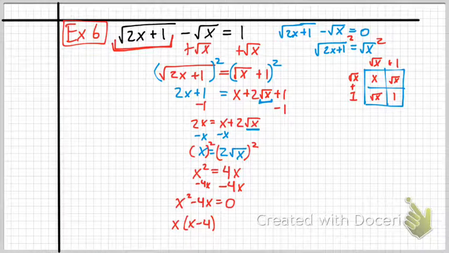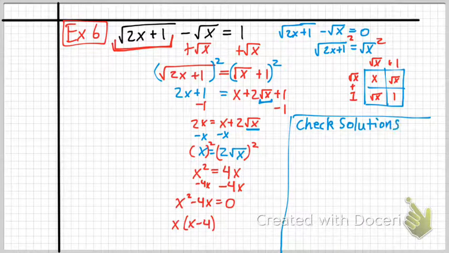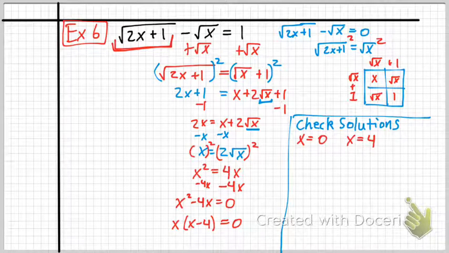So our two possible solutions are x equals 0 and x is equal to positive 4. I'm going to check solutions. So now we can go back and check our solutions.